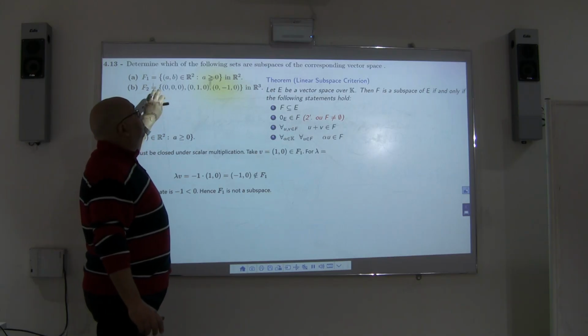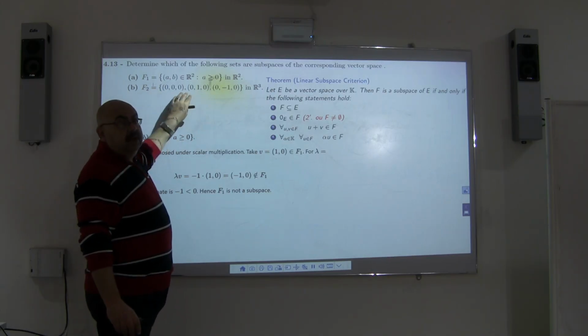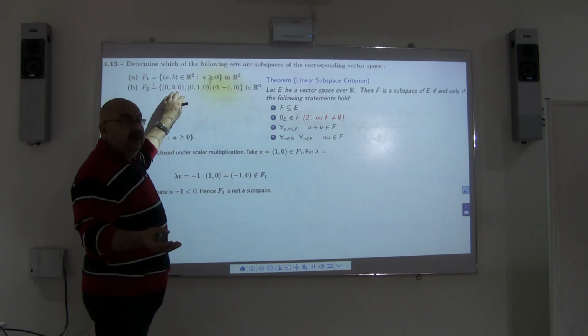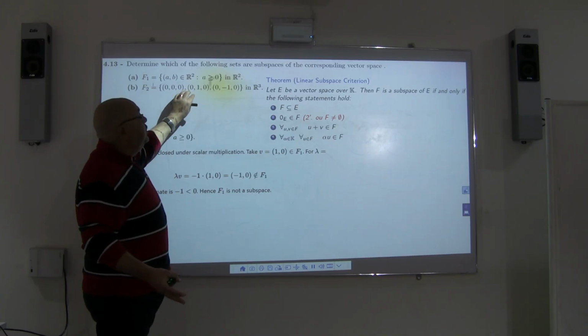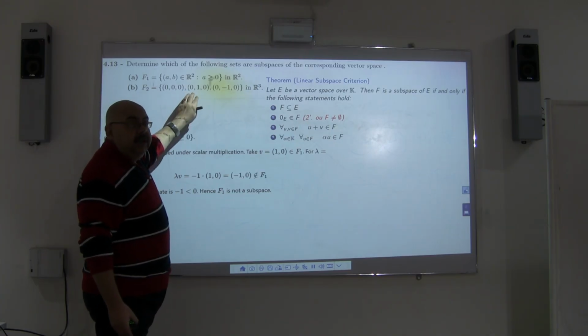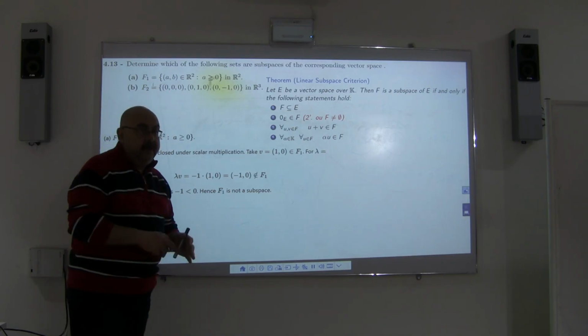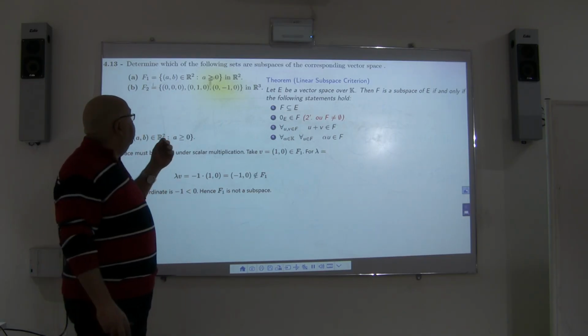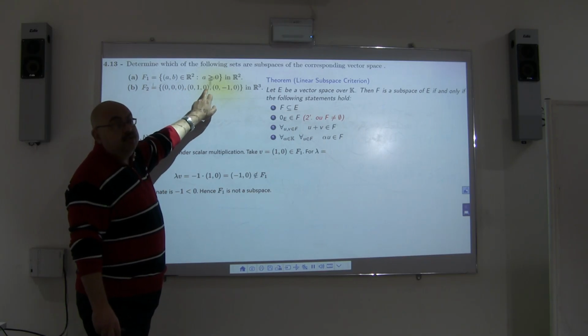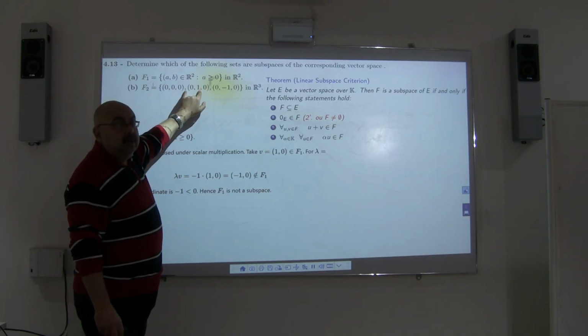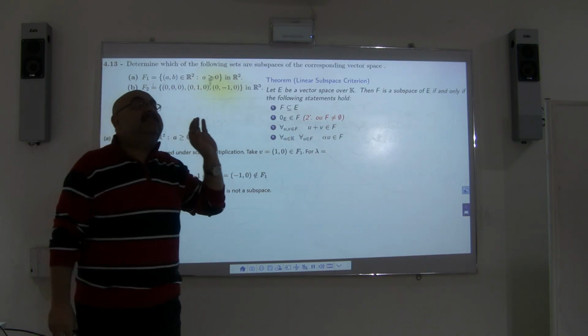But if I multiply any of these vectors by a scalar value, the result is going to be within the set? I mean, if I multiply by half, is the vector (0, 1/2, 0) one of these vectors? It is a specific set.